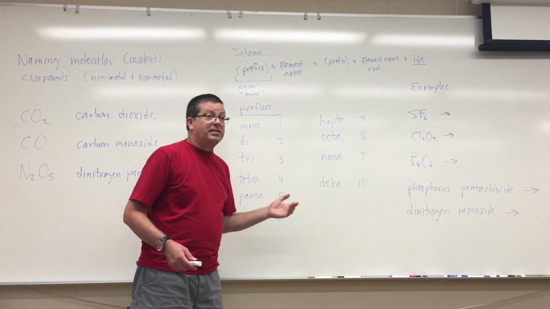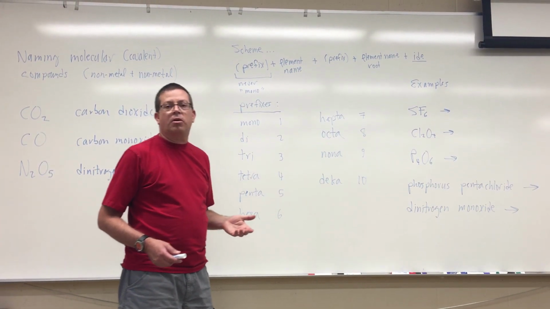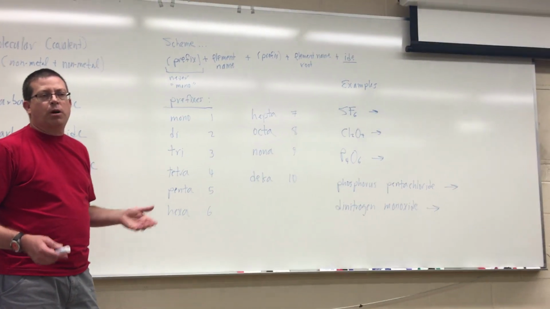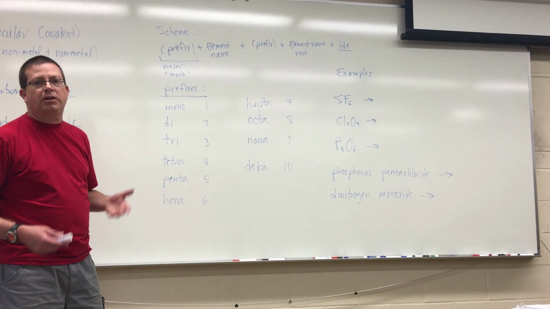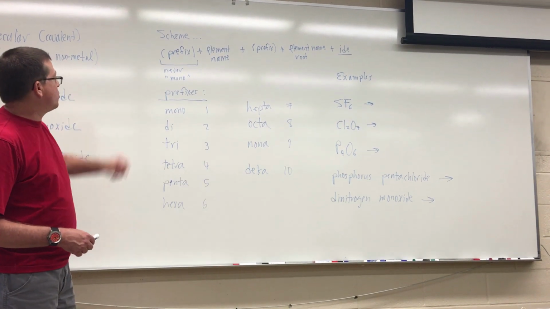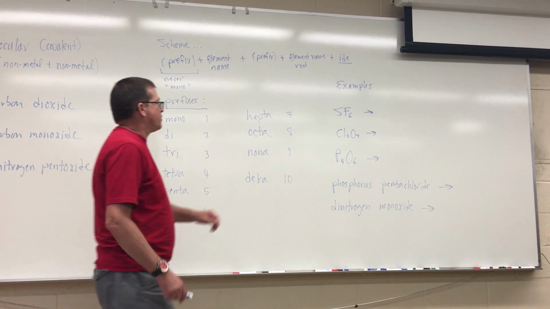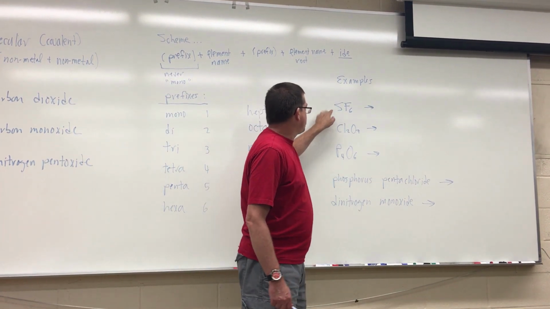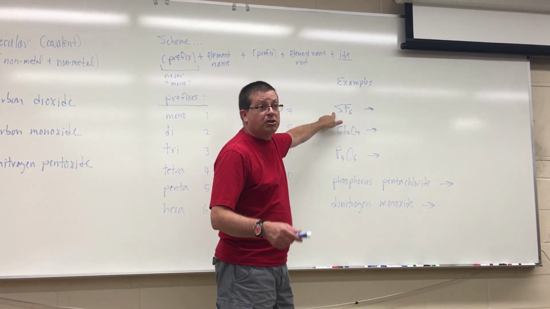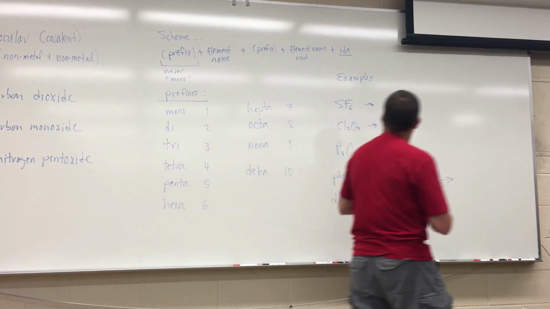All right, so with this in mind, let's practice with a few more of these. So we'll start by going from formula to name, and then we'll do a couple where we go from name back to formula, just to be sure that we can do this in both directions. Again, following our protocol here. So the first one, SF6. There's a single sulfur here, so we don't call this monosulfur, we just call it sulfur on the first element.